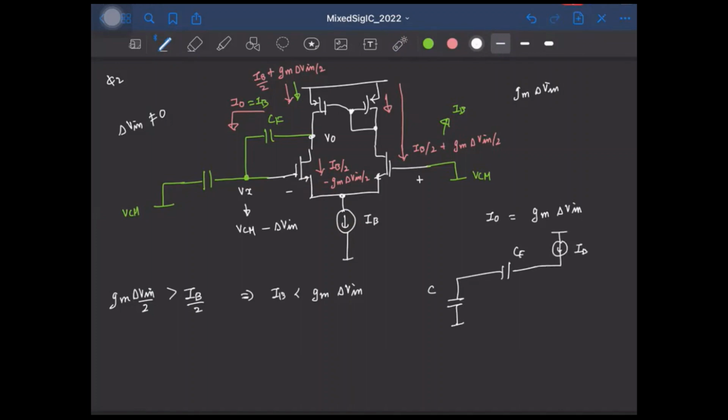Okay. So which means the voltage Vx here, how will it look like? Ideally, we wanted it to do something like this. At the beginning of phi 2, it is jumping by delta V in, and ideally we wanted it to exponentially decay to Vcm again. But now we see that it is getting charged by a constant current of IB, right?